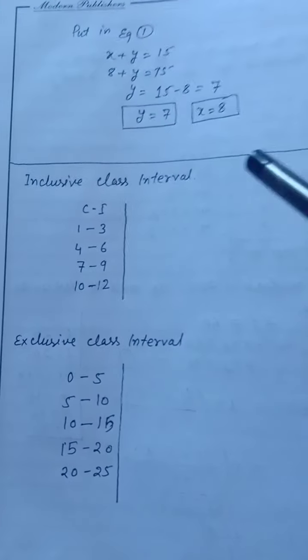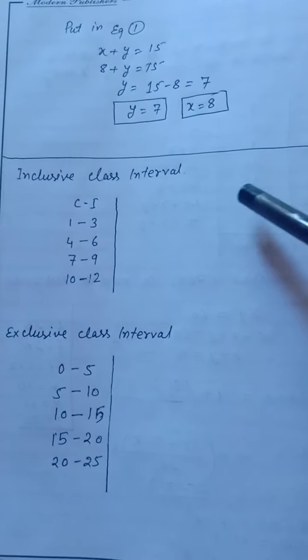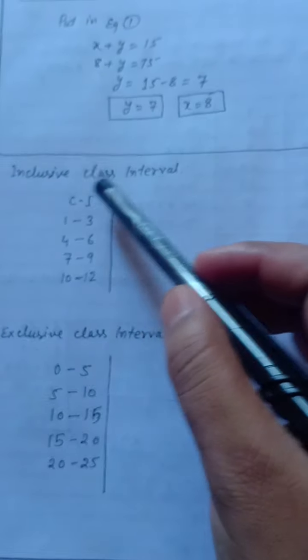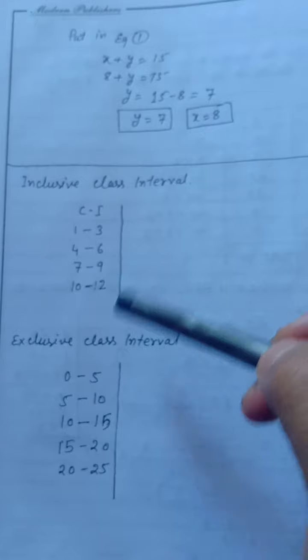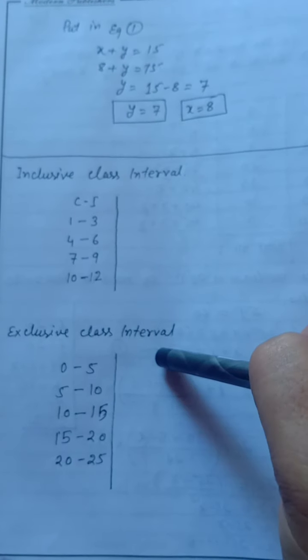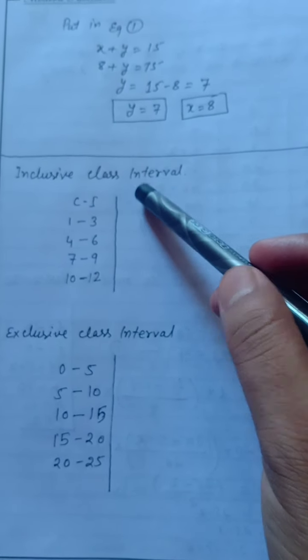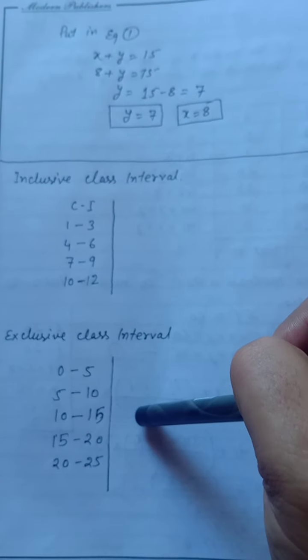there are two types of intervals that mostly come in examinations, that is inclusive class interval and exclusive class interval. Now what is the difference between inclusive class interval and exclusive class interval?